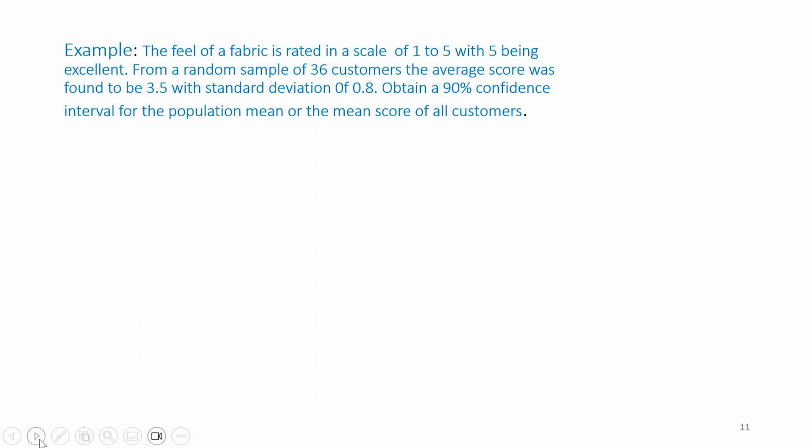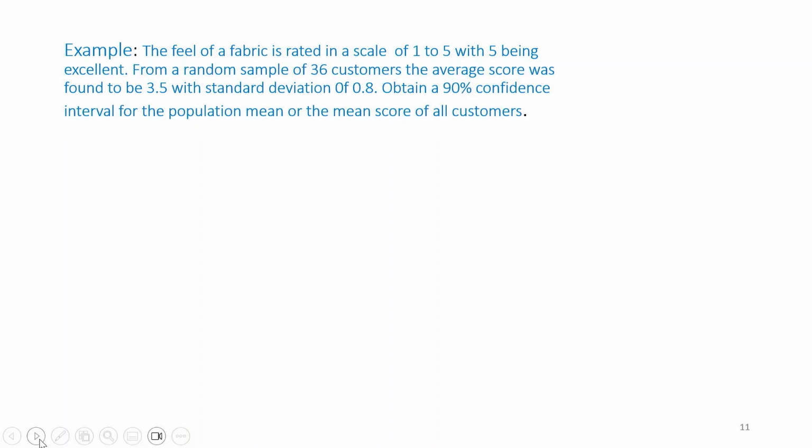And now we'll solve a problem so as to reinforce the concept. Let us say the feel of a fabric is rated on a scale 1 to 5, with 5 being excellent and 1 meaning very poor.